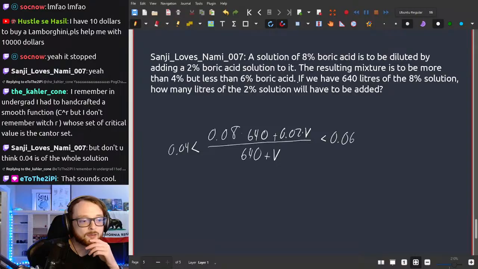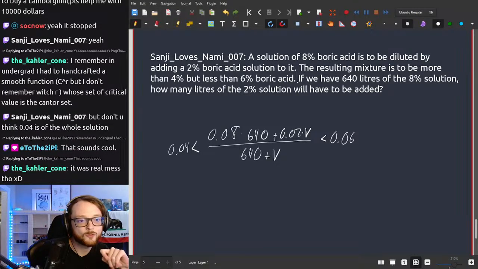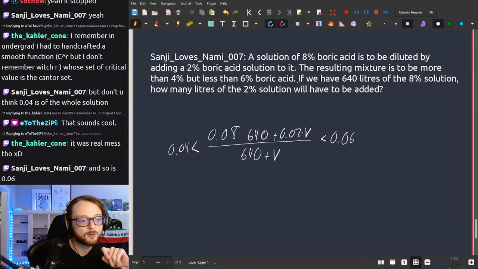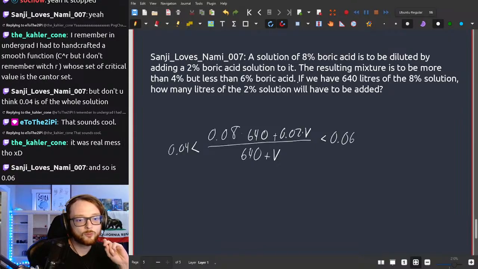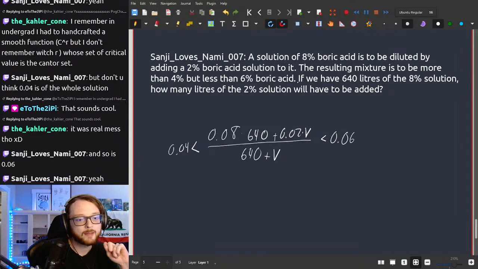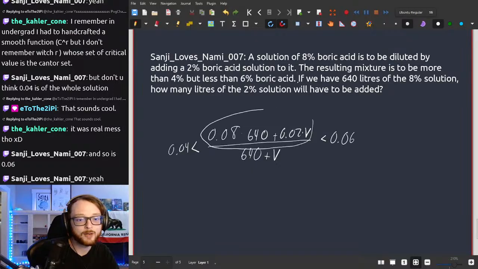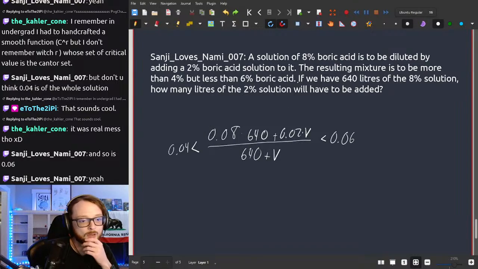Yes, and so the entire solution needs to be between 4 and 6% boric acid. We're taking the total amount of boric acid and dividing it by the total volume, so I think we've accounted for that with these inequalities.